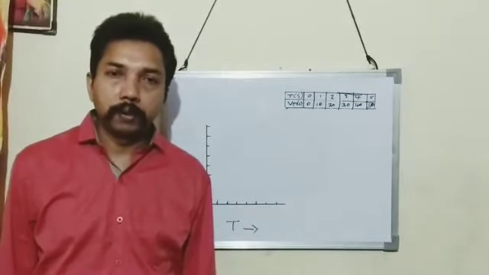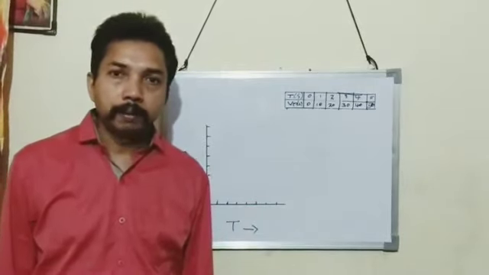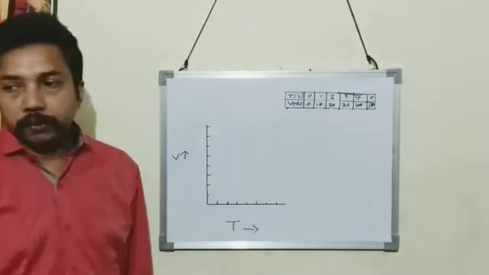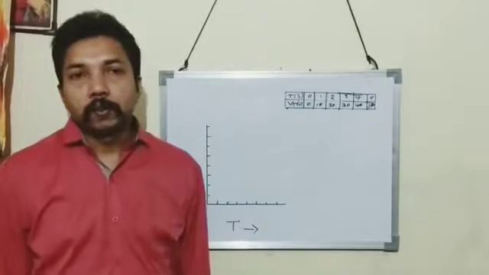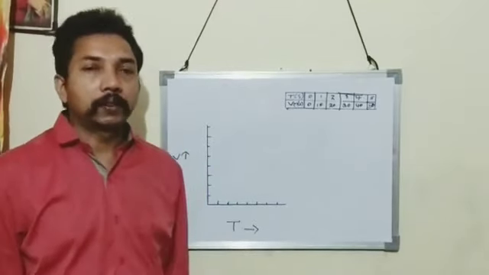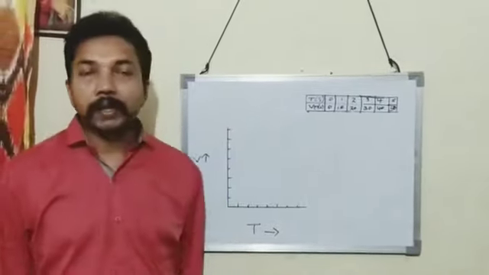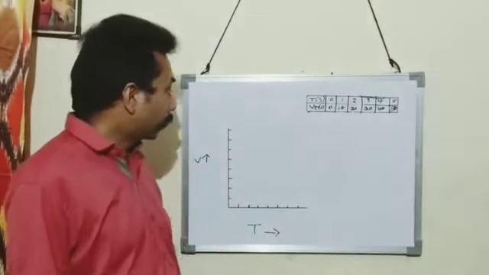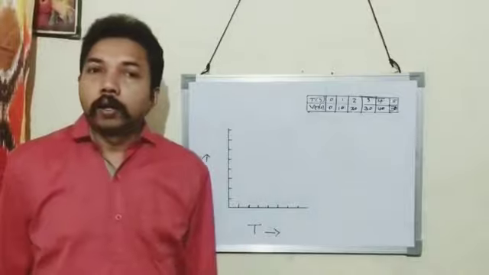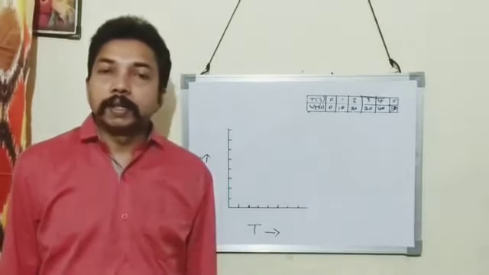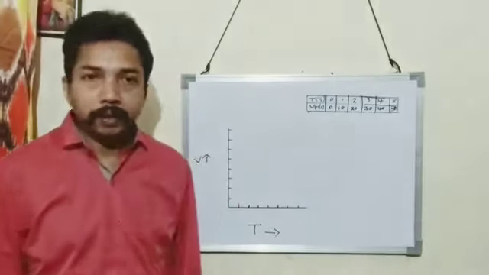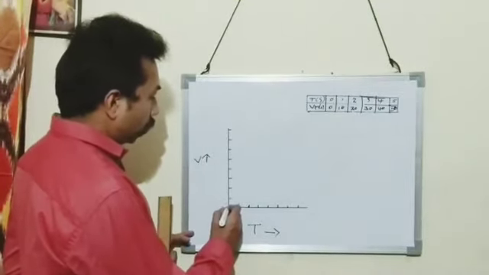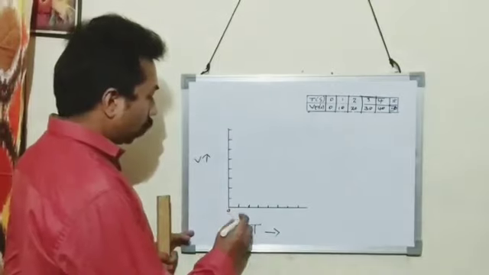So we have to plot these points by taking time along the x-axis and velocity along the y-axis. On the x-axis, 1 centimeter is taken as 1 second, and on the y-axis 1 centimeter is taken as 10 meter per second. So at the origin we mark 0.